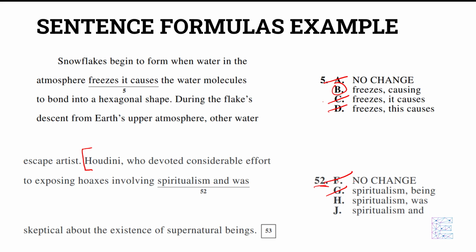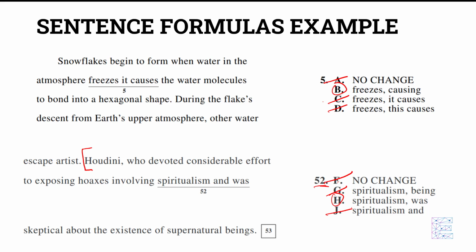"Houdini, who devoted considerable effort to exposing hoaxes involving spiritualism, comma, was skeptical about the existence of supernatural beings." I want to say H is great. So I think H is the answer. Let's try J. "Houdini, who devoted considerable effort to exposing hoaxes involving spiritualism and was skeptical." This is a run-on sentence, so J is out.